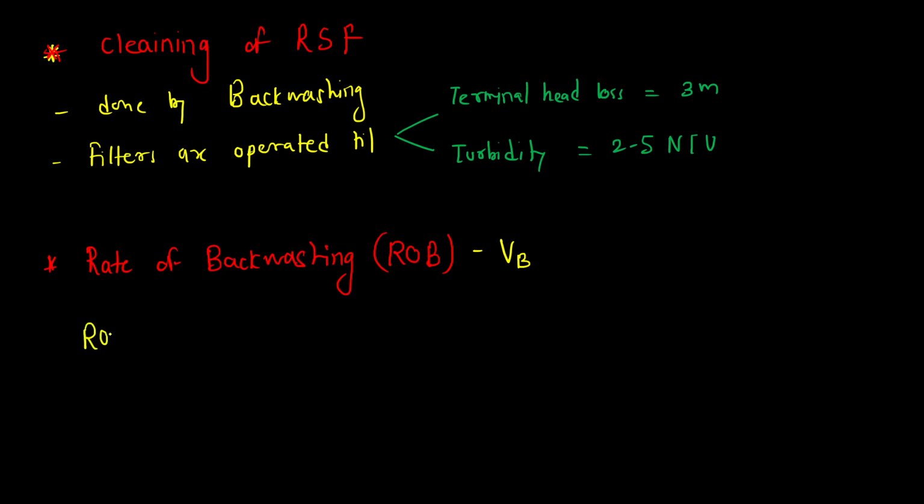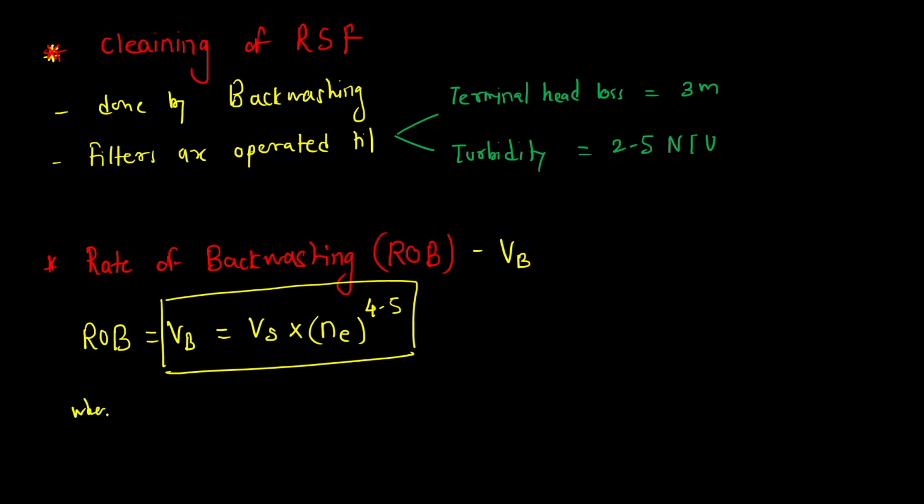So rate of backwash VB is equal to settling velocity into Ne to the power 4.5. So this N stands for porosity.